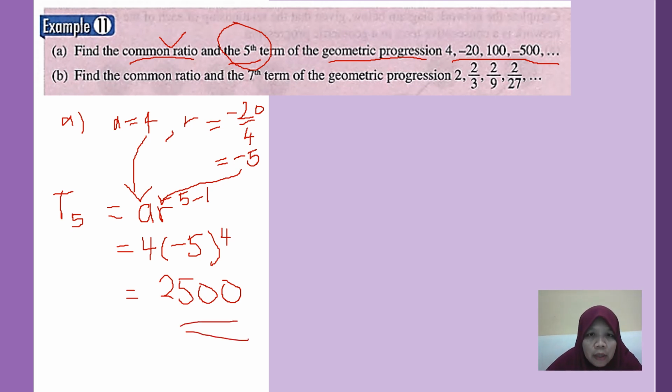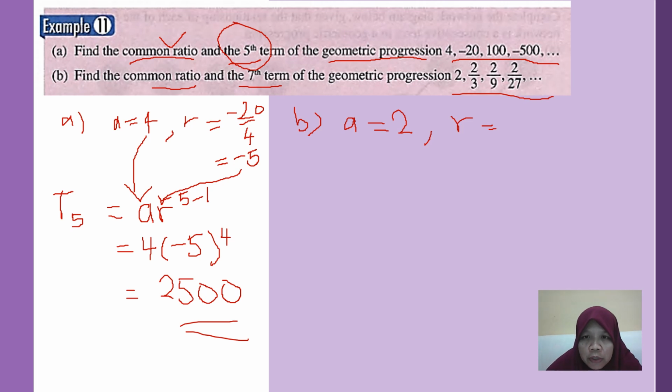Now we try B. Find the common ratio r and the seventh term of the geometric progression for this sequence. A is 2. How to find the common ratio?